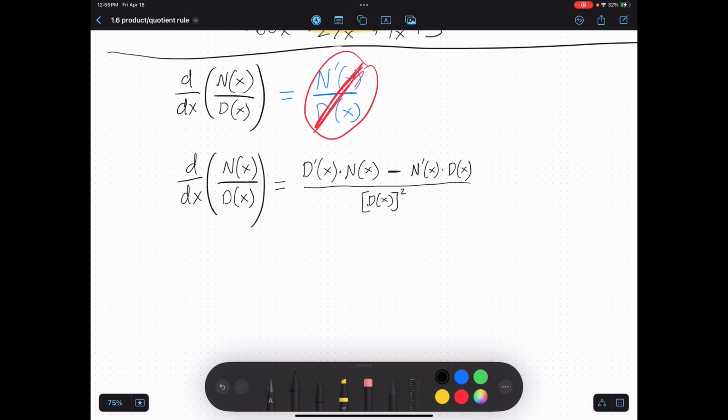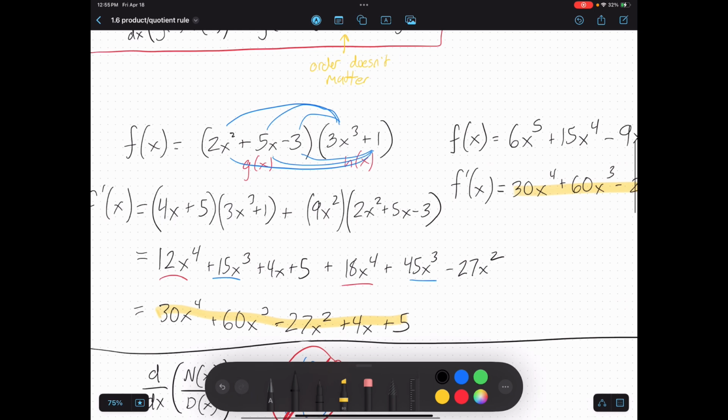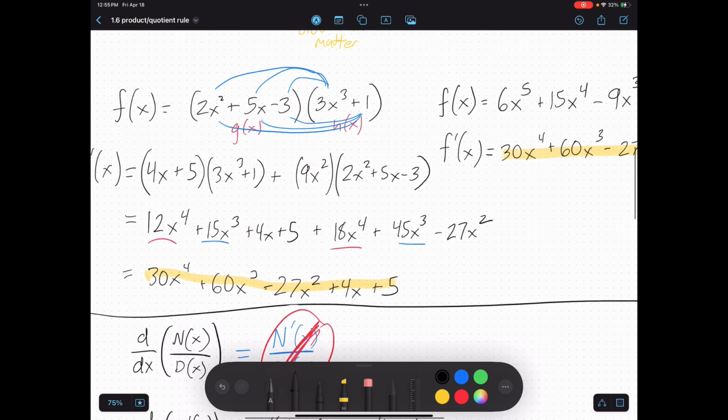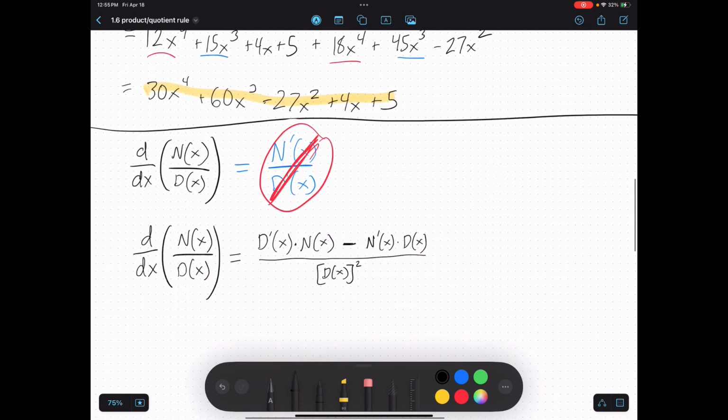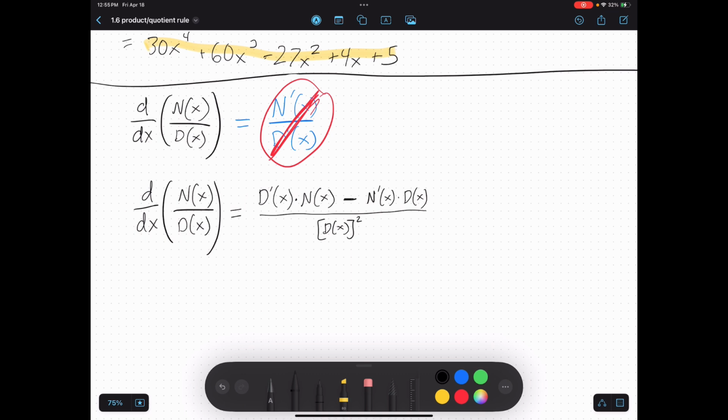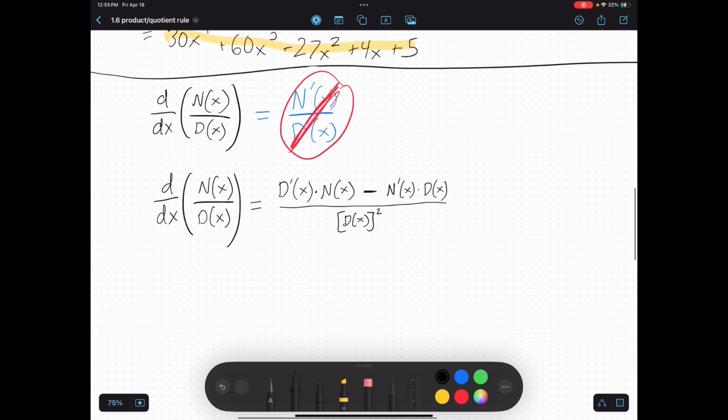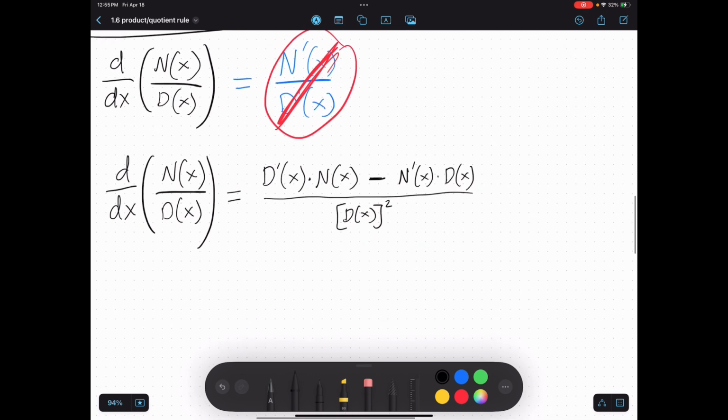Now, if you're curious about where this rule comes from, I'd encourage you to look up a proof of the quotient rule. Same thing's true for the product rule. If you're curious about where this product rule comes from, I'd encourage you to look up a proof for it, to kind of look at where it comes from. Why do we have this rule? But this is the quotient rule. And I want to point out that now it's subtraction.